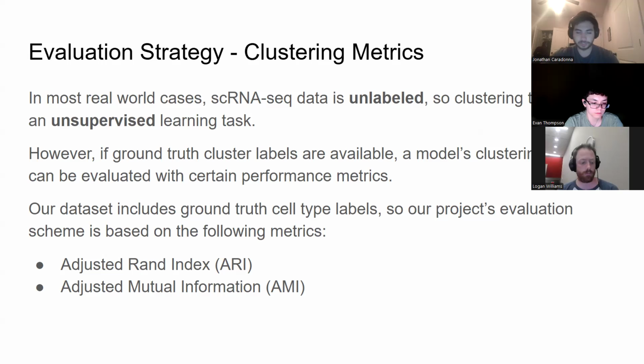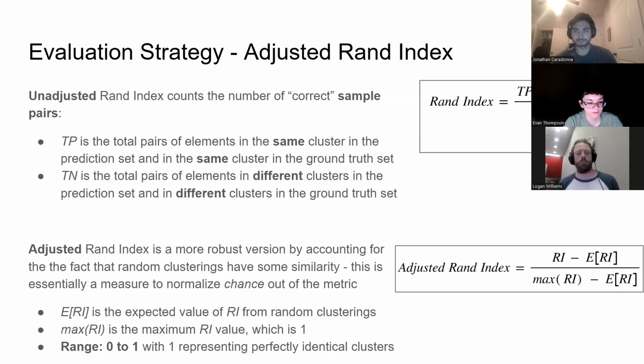The two metrics that we're going to talk about are ARI and AMI. Rand index, which is the non-adjusted version of ARI, is a count of the number of correct sample pairs. It measures whether any two cells should be found in the same cluster or a different cluster. Adjusted Rand index just accounts for random chance in any clusters.